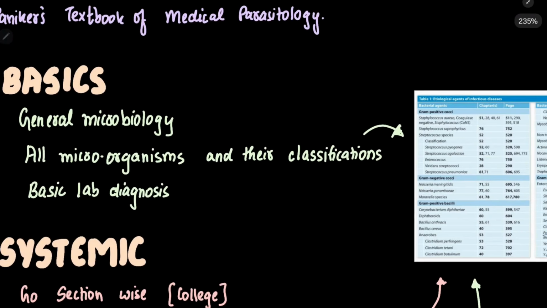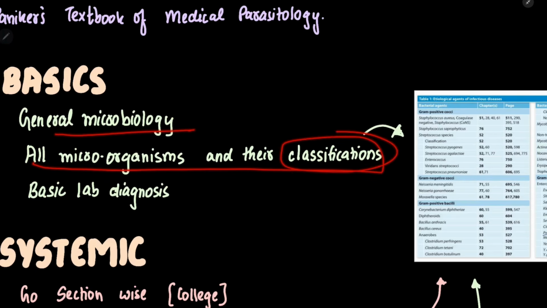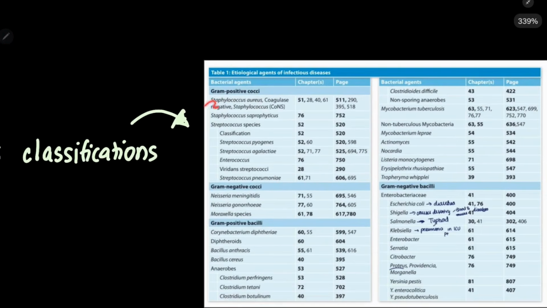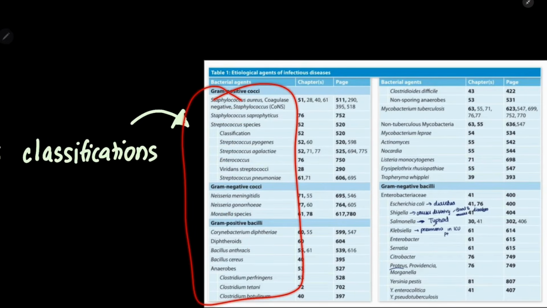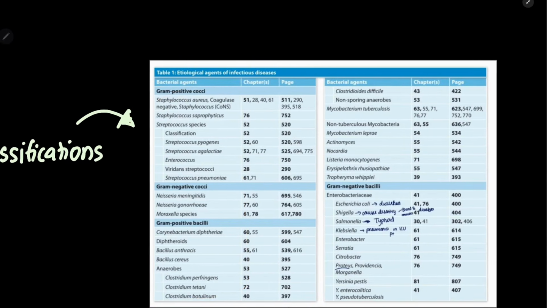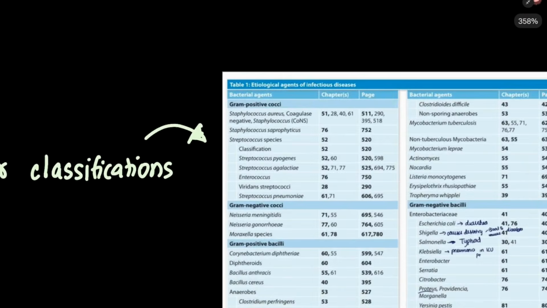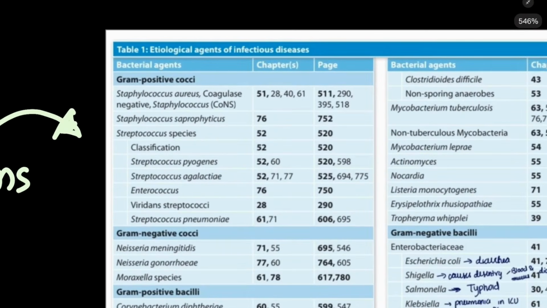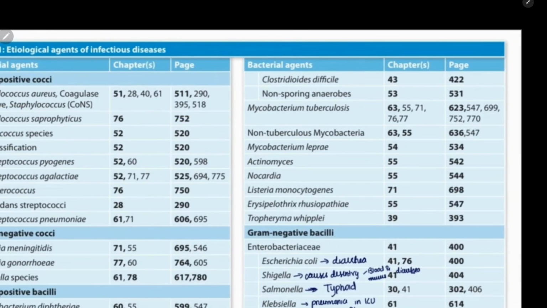So while you're doing your general microbiology, read all the microorganisms and their classification. Try to memorize these. I'm going to make videos. I'll make mnemonics on how to remember these, how I remembered them, how I memorized them. So what I did was here, I love how Apurva has given which chapter each organism is mentioned in with the page number, so it's so easy for you to refer.